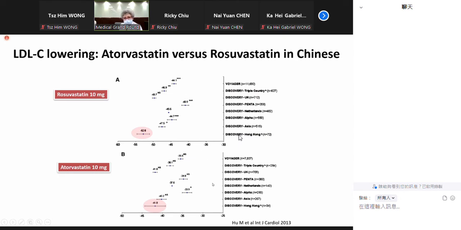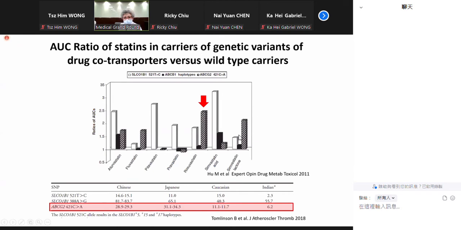In this analysis, they also show the combination of these two SNPs, the SLCO1B1 and the ABCB1 haplotypes. For those people who carry these particular combinations, the rosuvastatin level is considerably higher than those who do not carry these haplotypes.